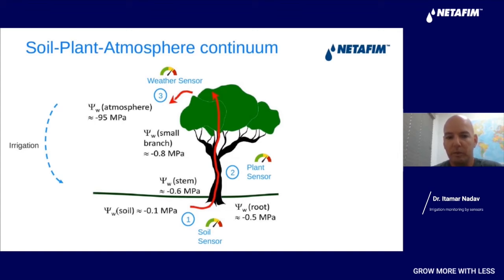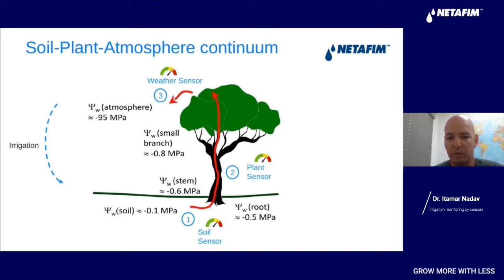This water continuum is what makes the water flow from the soil through the plant to the atmosphere. So we can actually monitor each one of those segments in order to see that the cycle is going well.